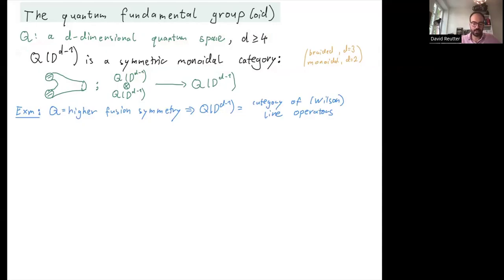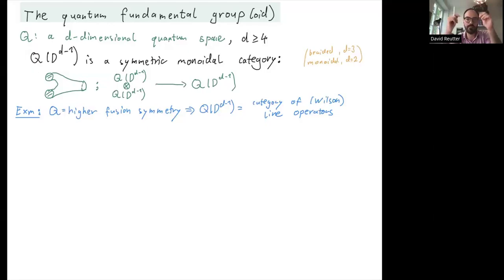And let's just think about what this category is. If Q arises from some higher fusion symmetry, then what Q of this disk is, if you like physics, is the category of line operators in my higher fusion category. It's essentially the 1-category you get by taking the endomorphisms of the identity of the identity of the identity until you end up with just a 1-category.